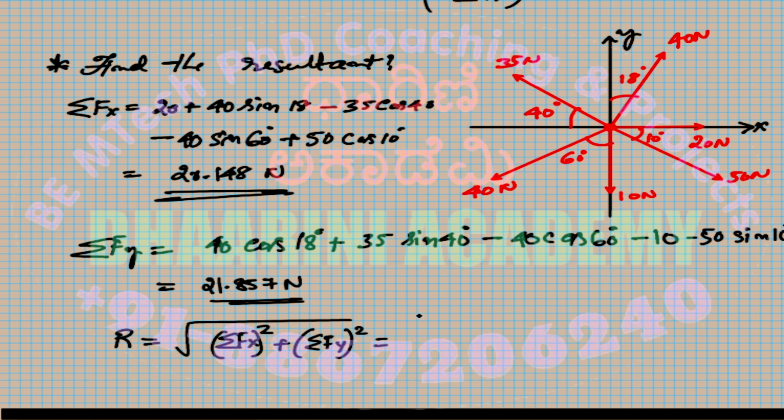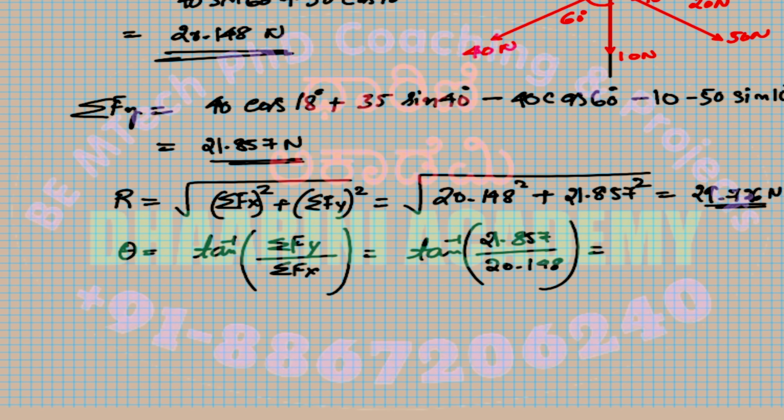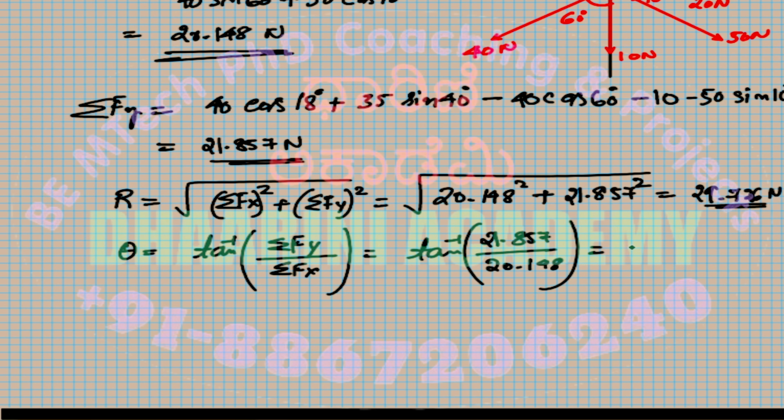So that has to be under root 20.148 the whole square plus 21.857 square. Yes. So theta comes to be 47.32 degrees. So you see, we can calculate the resultant and theta.